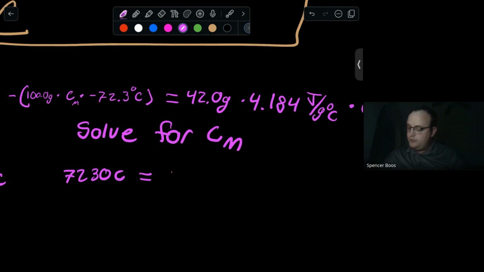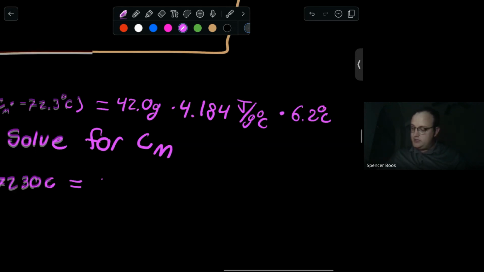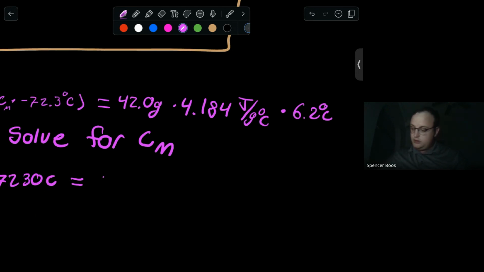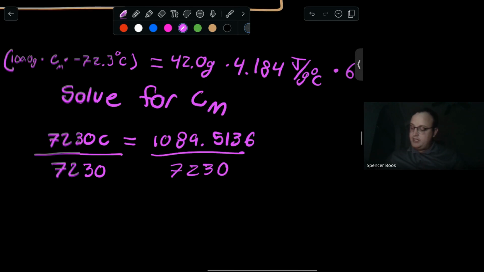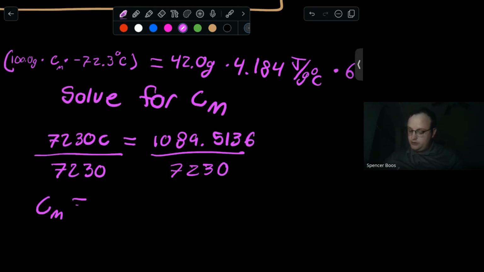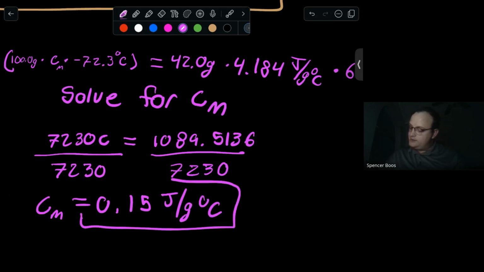C is equal to 42 times 4.184 times 6.2, which is equal to 1,089.5136, divided by 7230, and we get C of our metal is equal to 0.15 joules per gram degree Celsius.